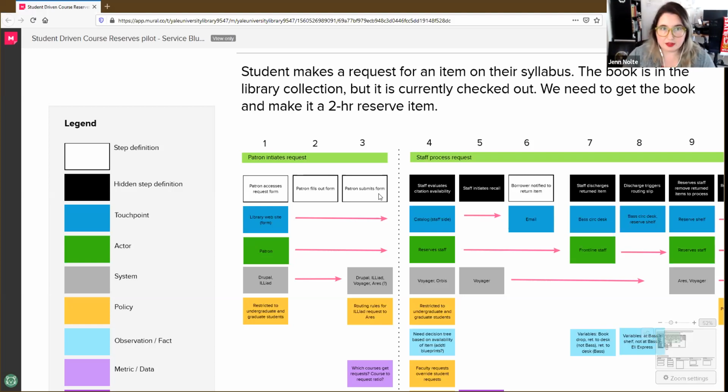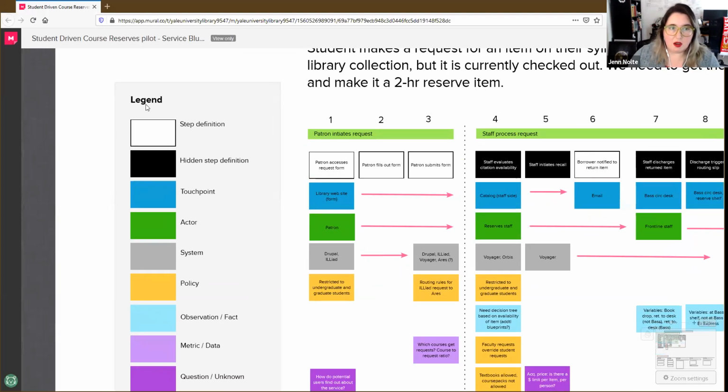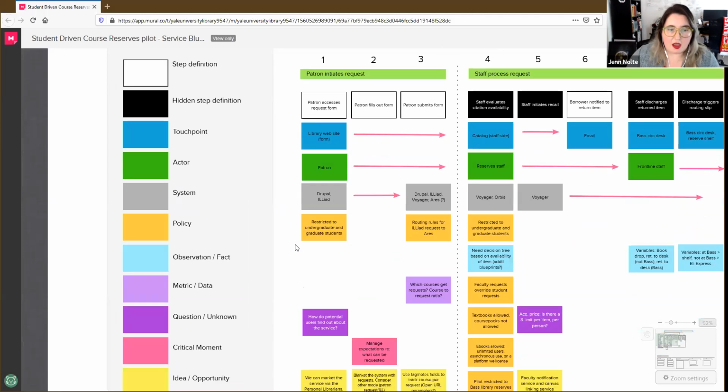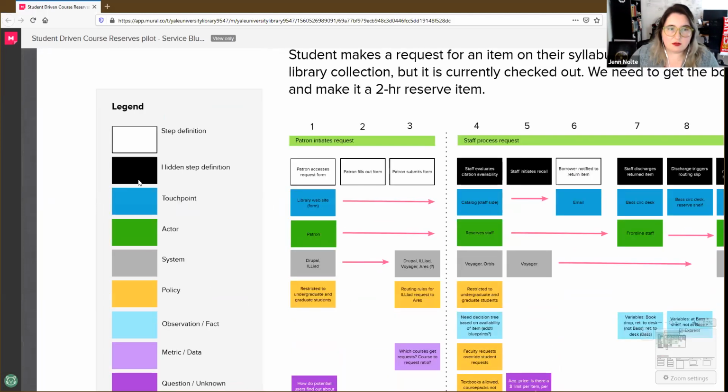So anyway, let's talk about this. If we look on the left side here, we've got all these different pretty colors, right? Each of these little colored boxes is a piece of information about the process. So the white boxes are steps in the process from the patron's perspective.